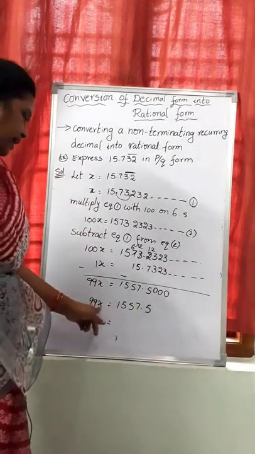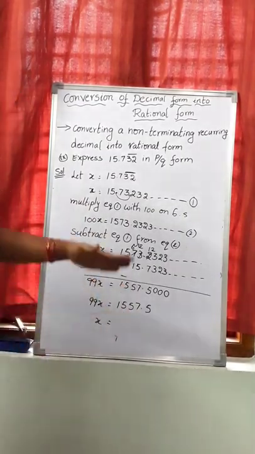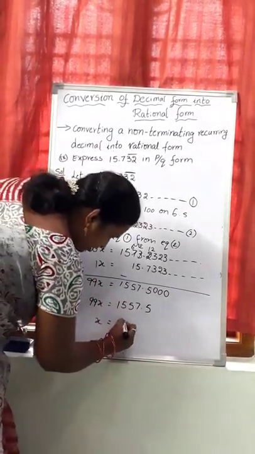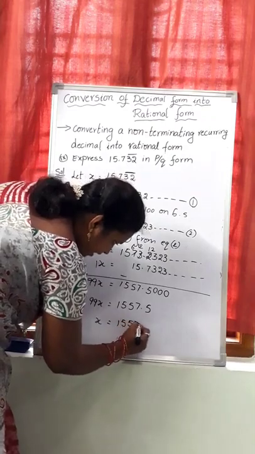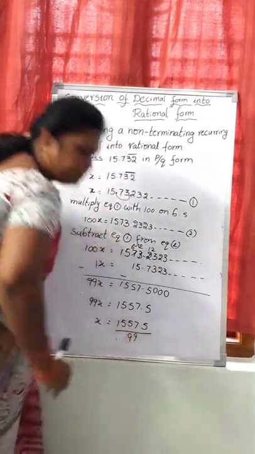99x means it is a product. When 99, which is multiplied with x, comes to the other side of the equal sign, it becomes the denominator. That means it will be a division: 1557.5 by 99.